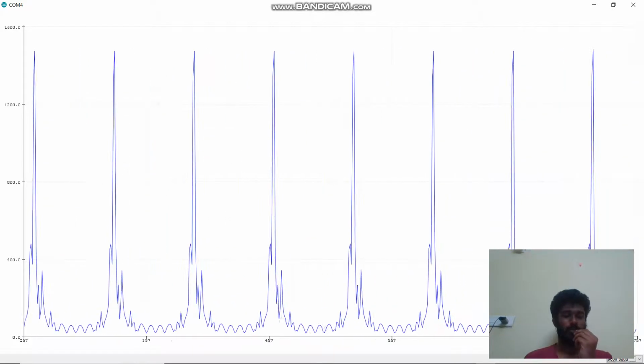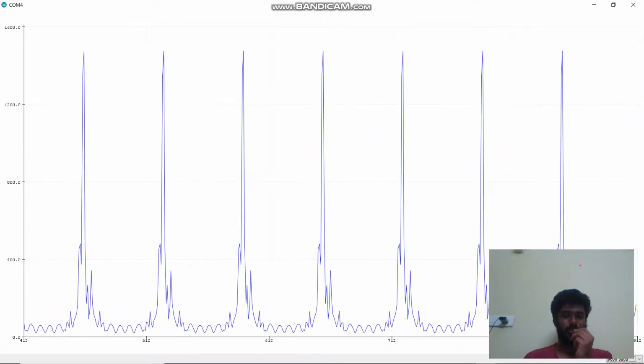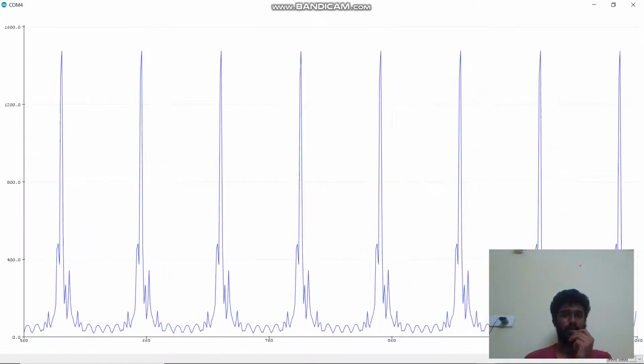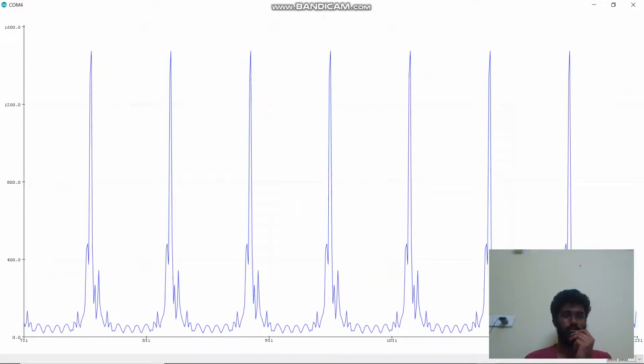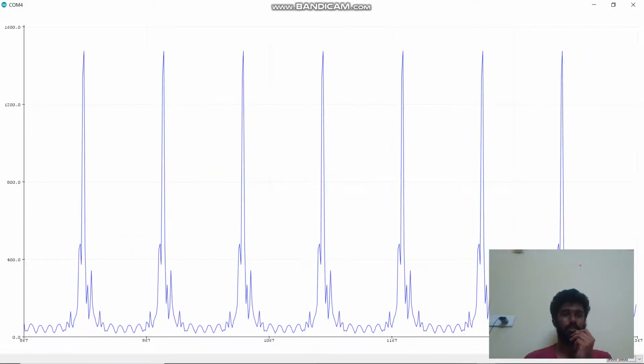So this is the magnitude response. Now from this magnitude response we have to find the highest value or the peak value. From that we can find out the pulse rate.